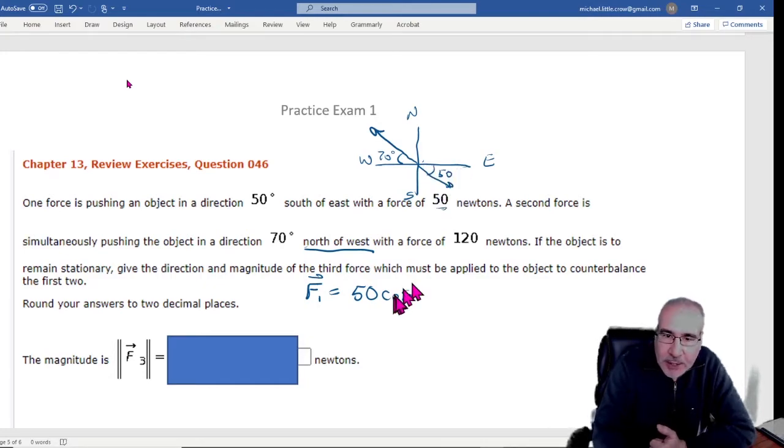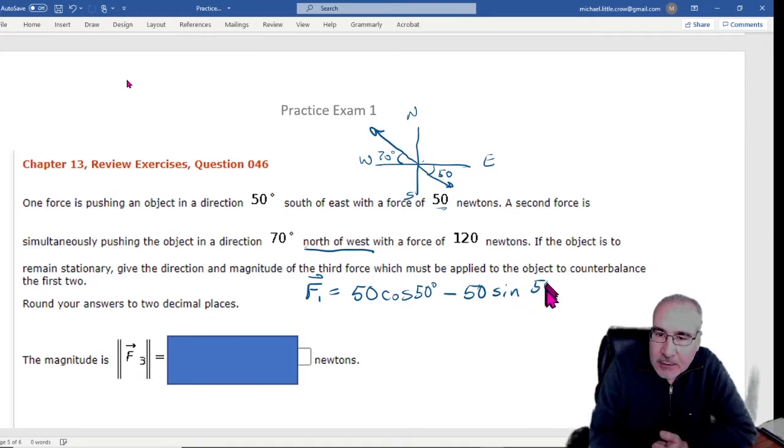The cosine is positive, so 50 cosine of 50 degrees. The sine part, though, notice it's in the fourth quadrant. The y component is going to be negative. So we'll put our minus 50 sine 50 degrees. And again, I should put this is a j component and this is an i component.